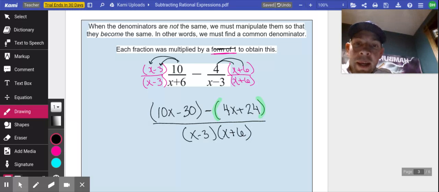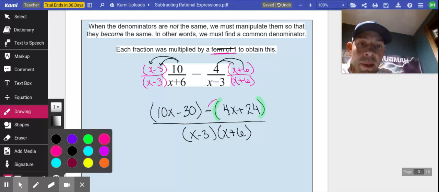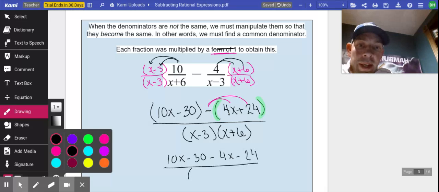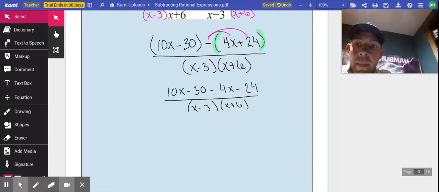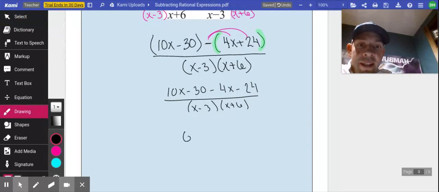Okay, now what? Let's distribute this minus sign. So now we're sitting with 10x minus 30 minus 4x minus 24 all over x minus 3, x plus 6. We'll combine like terms, and we get 6x minus 54 all over x minus 3, x plus 6.